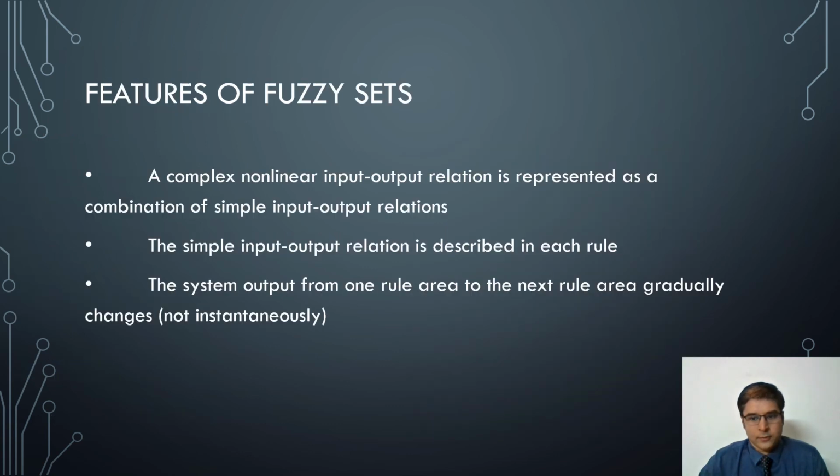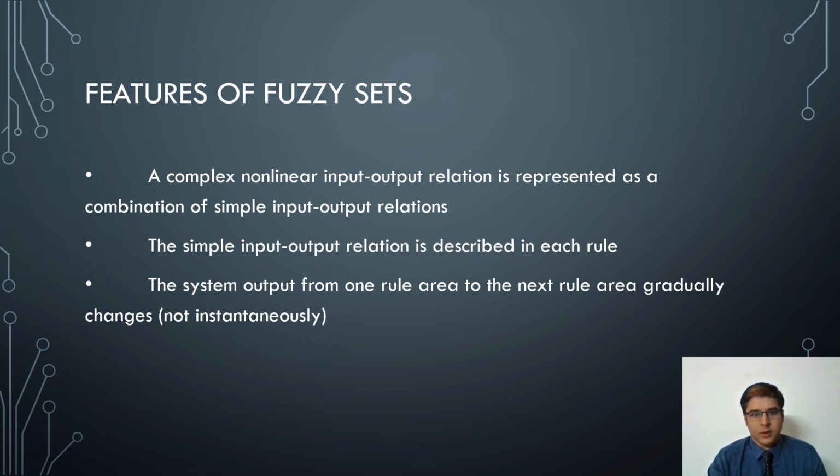Features of fuzzy sets. A complex nonlinear input-output relation is represented as a combination of simple input-output relations. The simple input-output relation is described in each rule. The system output from one rule to the next rule area gradually changes, not instantaneously.